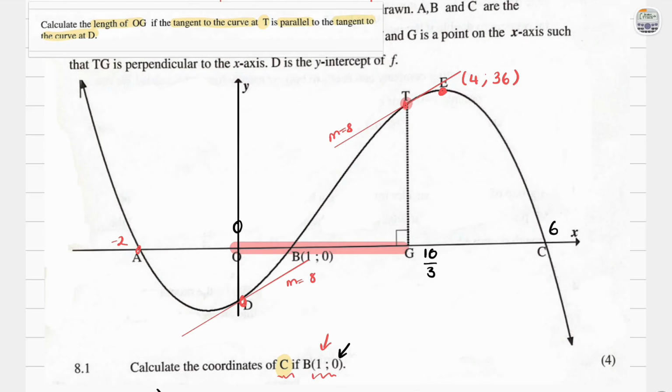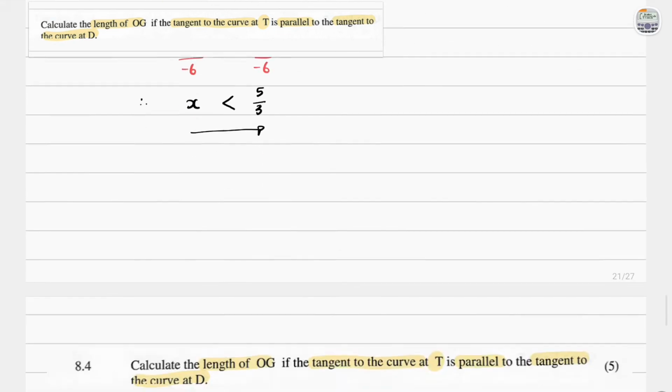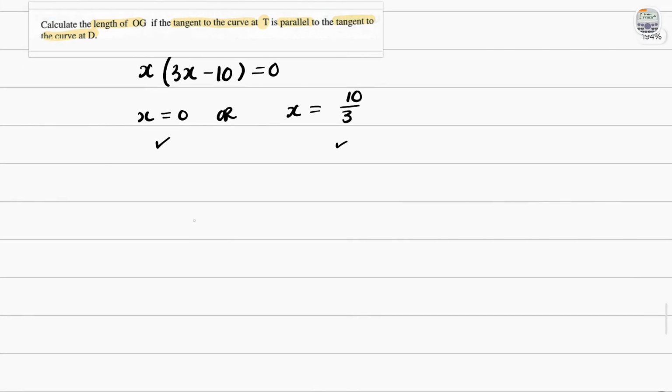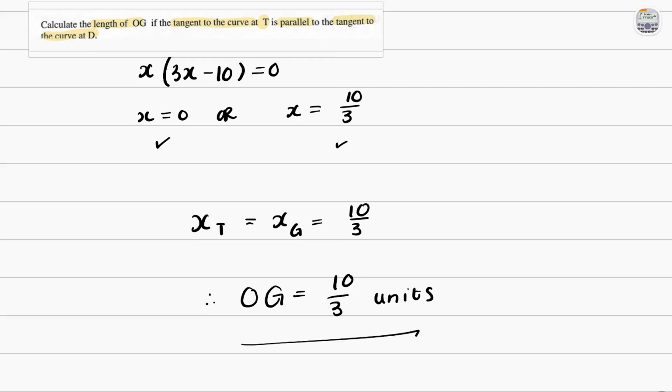So OG is 10 over 3. We can conclude that the x value of t is the same as the x value of g, and that's 10 over 3. Therefore, OG is 10 over 3 units, and that is our answer.